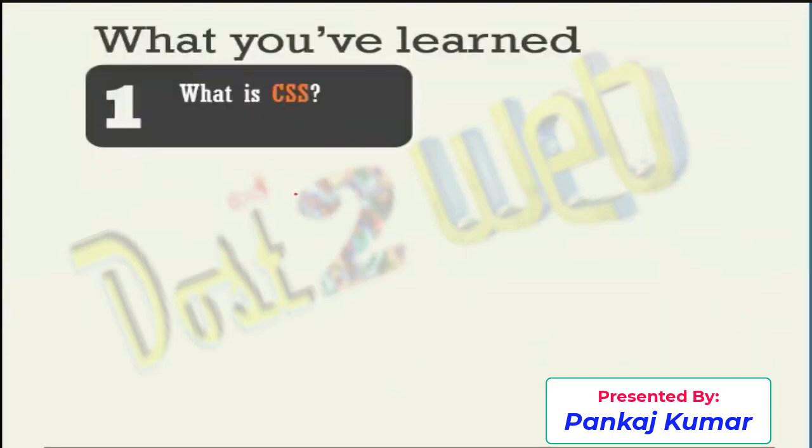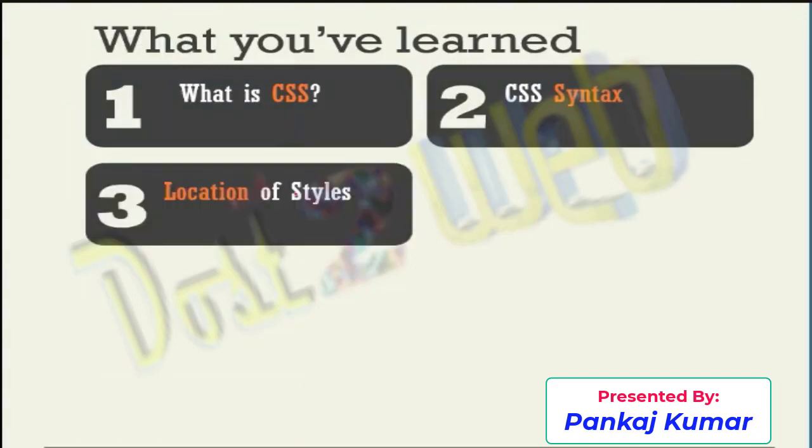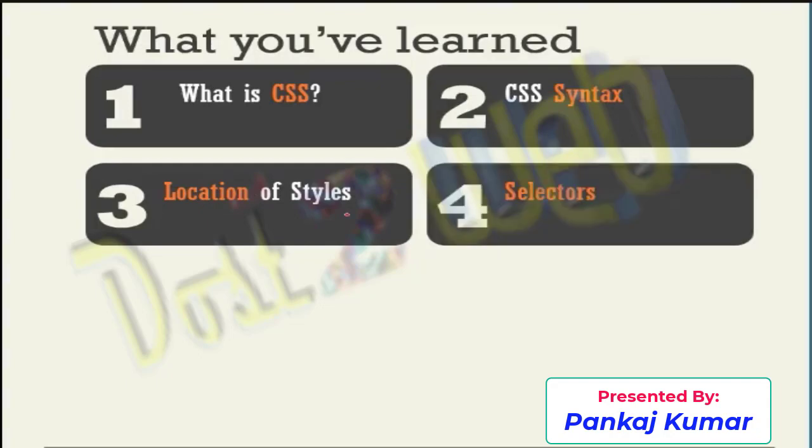So what have we learned from this complete section? We learned what CSS is. We talked about the benefits of CSS, CSS syntax, and the location of styles, that means embedded, external, and inline, three different ones. We talked about the selectors: class selector, ID selector, pseudo selector, attribute selector, element selector.